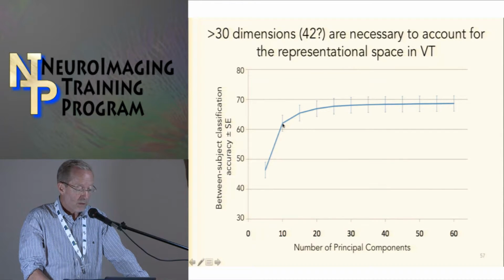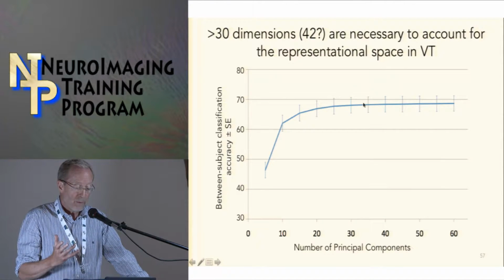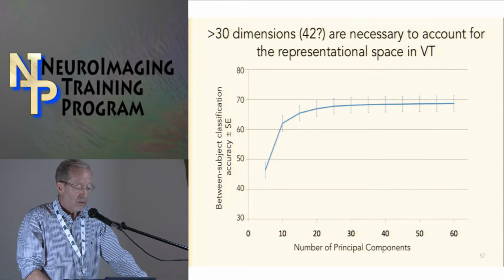Then it jumps up to around 62% with 10. And you really have to get up to over 30 before it's starting to show optimal performance of about 68% accuracy. So we can reduce the space from 1,000 voxels or 1,000 dimensions down to about 30 or so dimensions and capture all the variety of responses to the movie in that space. But it's not 2, it's not 10.